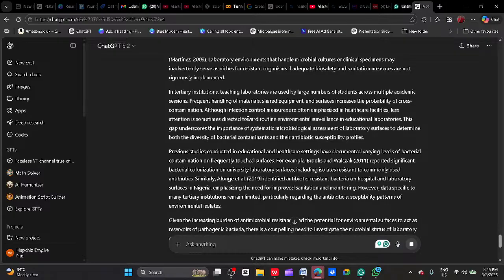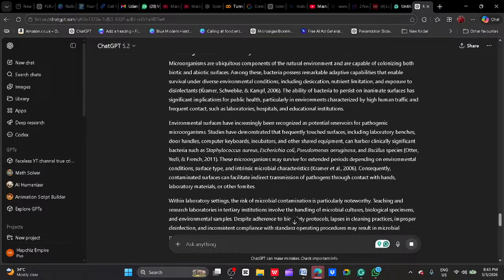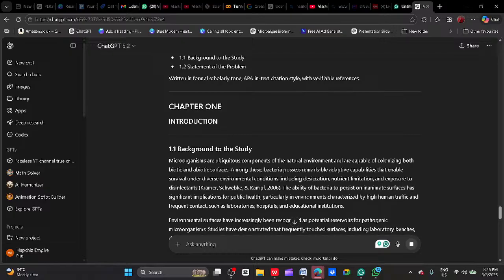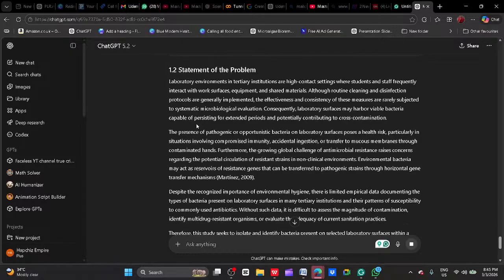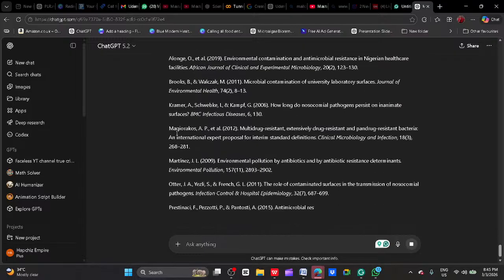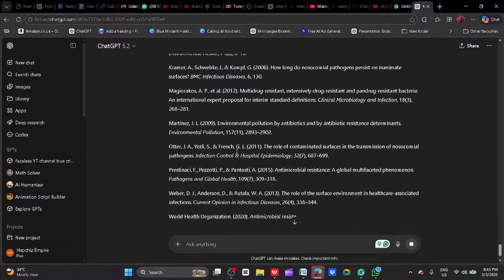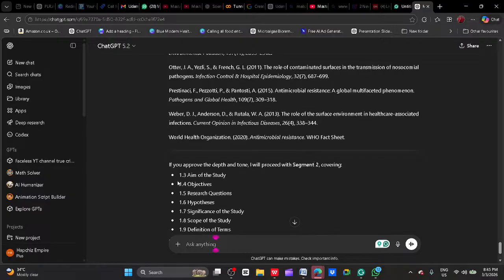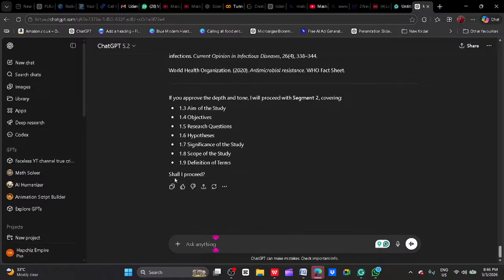It finished with 1.1 and started with 1.2 now. It is still going to tell you, don't forget that you limited it to generate in segments. The next one is going to be 1.3, which is the aim of the study and objective. Shall I proceed?